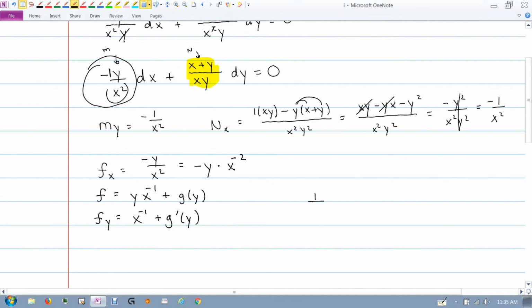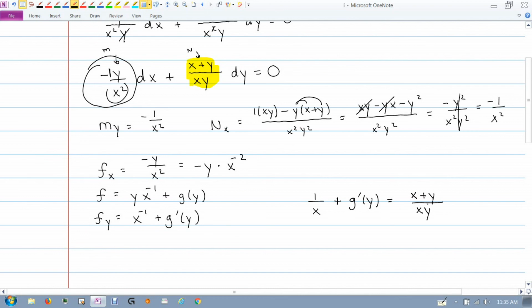We need 1 over x plus g prime of y to be equal to x plus y over xy.